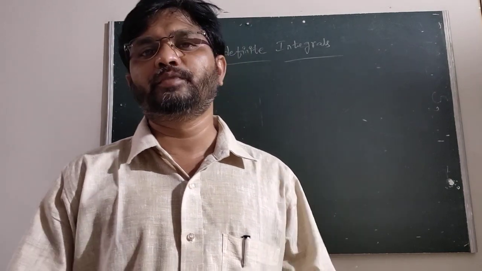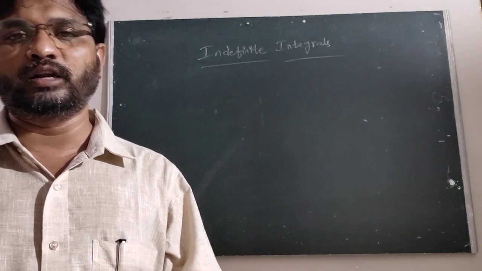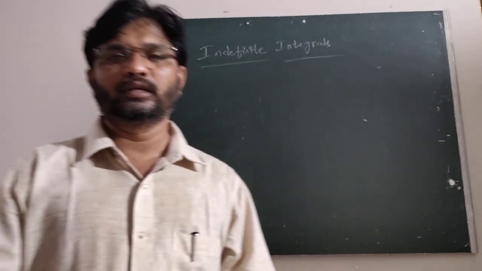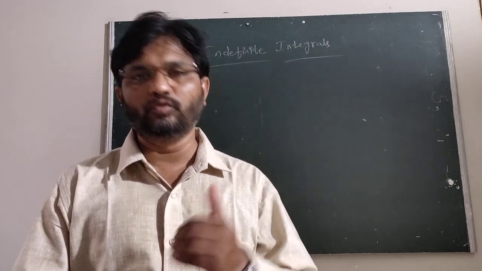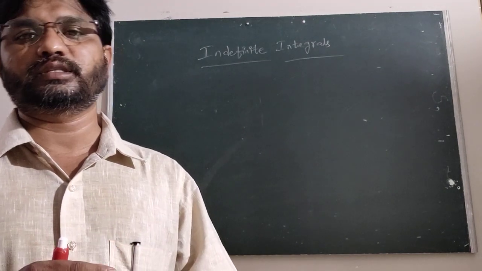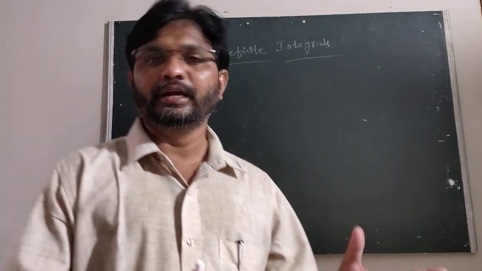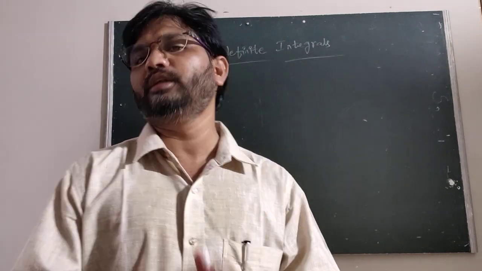The difference between differential calculus and integral calculus is one and only one difference. That means the reverse process or inverse process of differentiation is called integration. That is the only thinking.